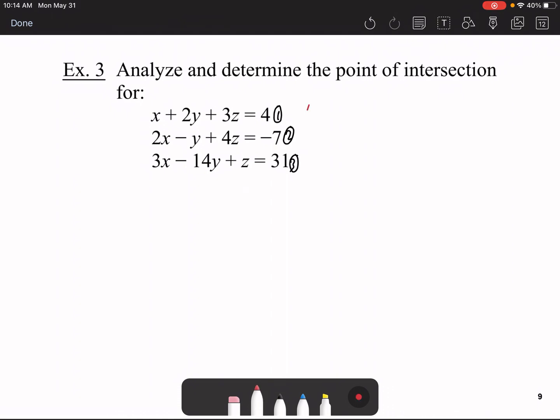You can see the normals are not collinear just by inspection. So now I'm going to check to see if they're coplanar, because it does ask me to analyze, so I need to analyze them. If it does not ask you to analyze, you don't need to. You can just try to find their point of intersection if possible, or points of intersection.